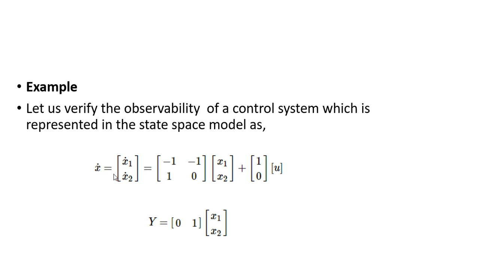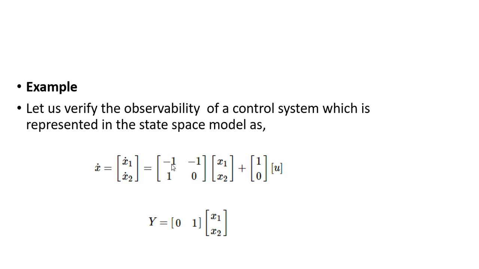X dot, that is x dot 1, x dot 2, is equal to the first matrix, that is A, minus 1 minus 1 1 0, into x, that is x1 x2, plus B, that is 1 0, into u, and y is given as only 0 1 into x1 x2. Only the C term is there, the D term is not there, so D can be represented as 0.